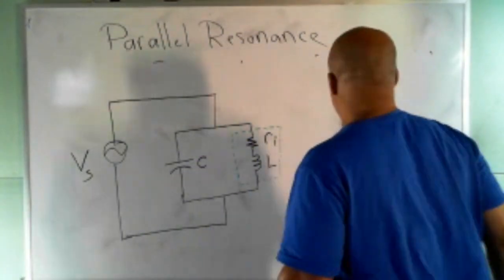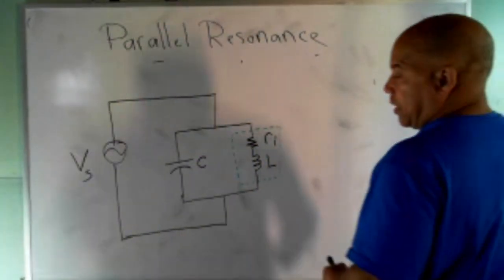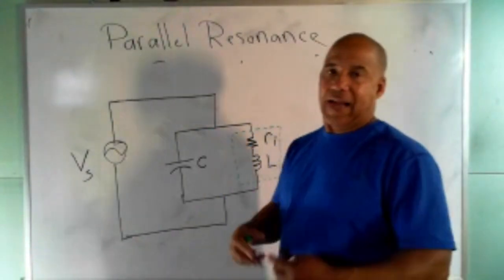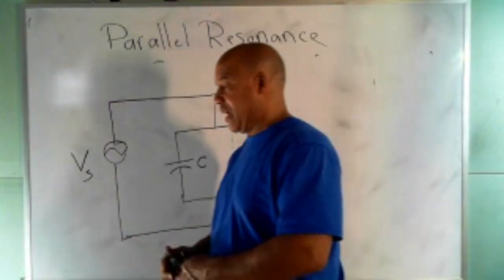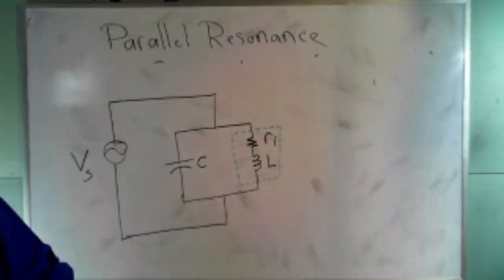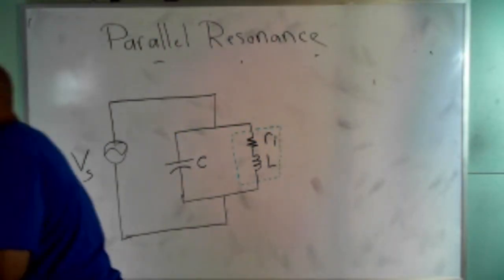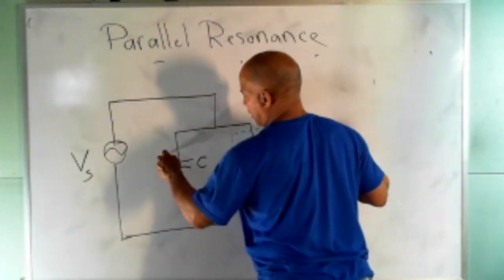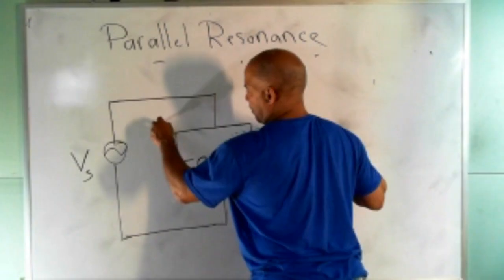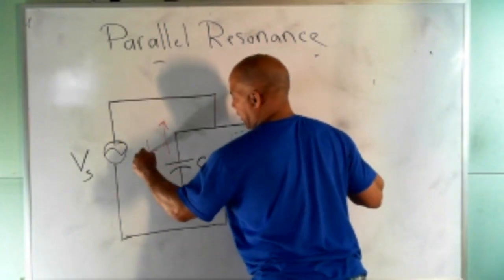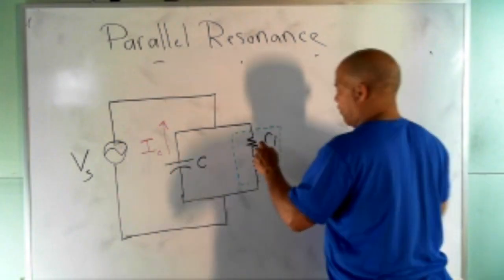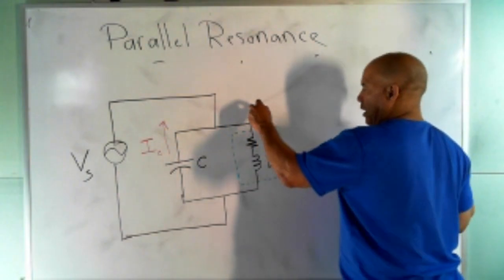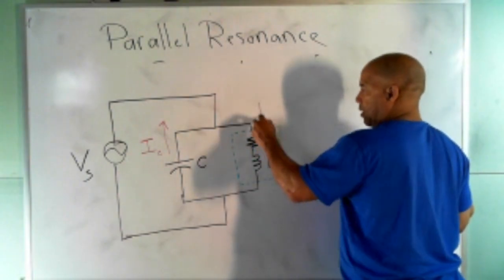Well, the current in the capacitor and the current in the inductor are out of phase by 180 degrees at resonance. So at resonance, you have a current flow in the capacitor, which we'll call IC, and a current flow in the inductor, which we'll call IL.